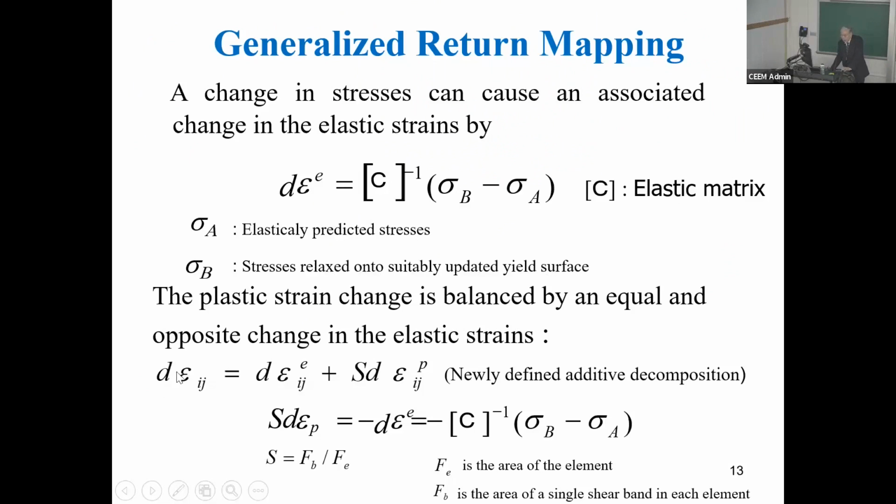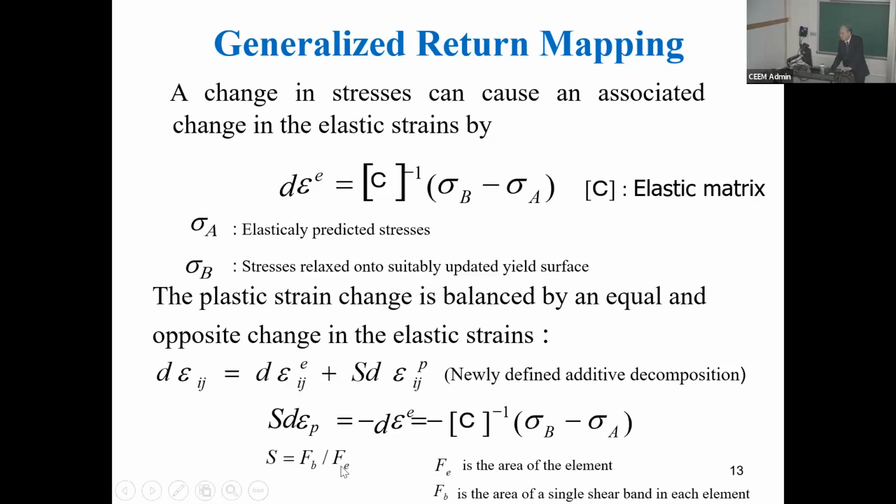And the epsilon ij, total strain increment, equals the elastic strain increment. When S equals 1, plastic strain increment. But introducing S is the region.